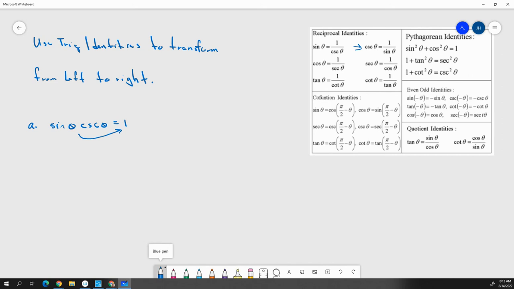So if you look up there in the reciprocal identities where I highlighted, cosecant of theta equals 1 over sine of theta, which means that anywhere I have cosecant of theta, I can replace that with 1 over sine of theta, right? Because that's what equal means, right?